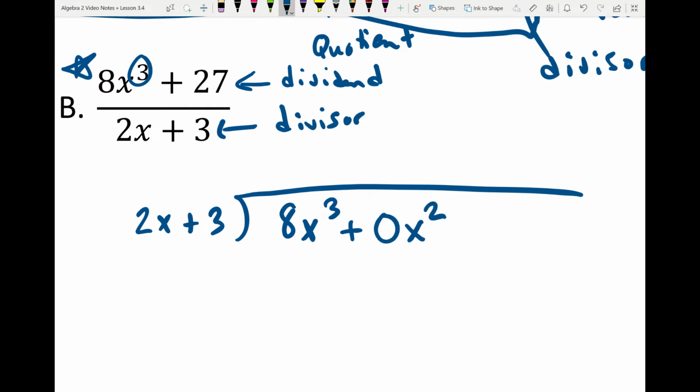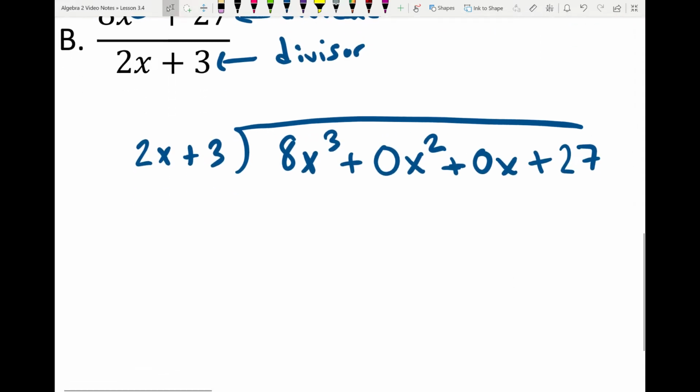That just serves as a placeholder that says we don't have any x squared terms. Then same thing for the x term: we don't have any x terms, so we write 0. You'll see why this is useful, because we're going to have to subtract those. And then we have plus 27. So basically, if you don't have those powers, make sure you include them.